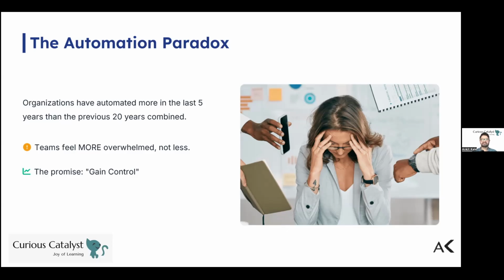Now, here's the thing, this isn't a failure of automation itself, it's a signal that we are at an inflection point. For 20 years, rule-based automation has served us incredibly well, but it has natural limits. The moment you encounter exceptions, unstructured data, or changing conditions, those rules break.